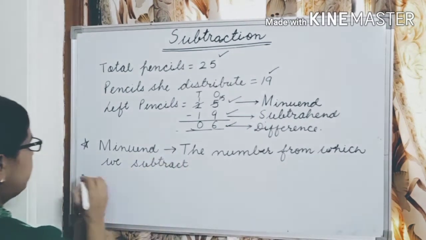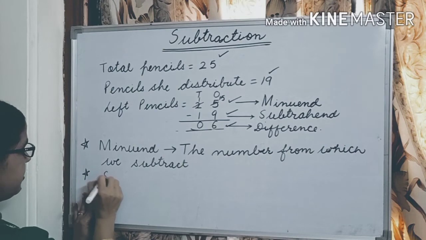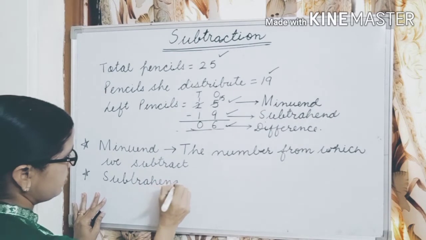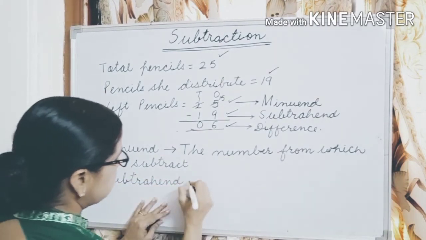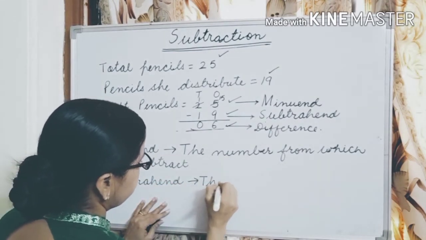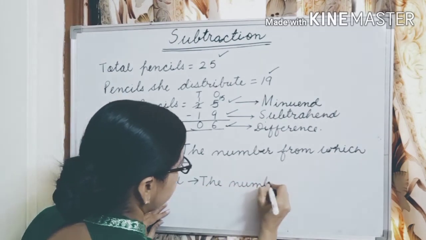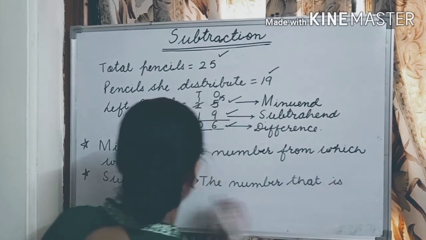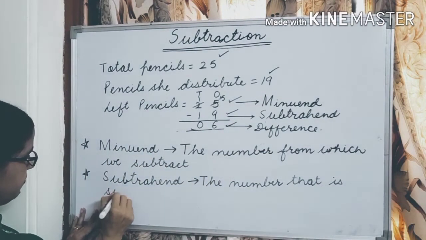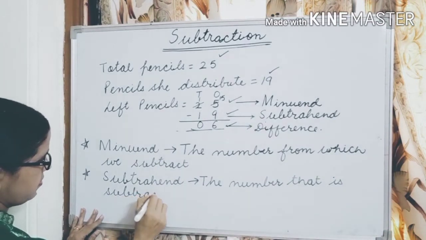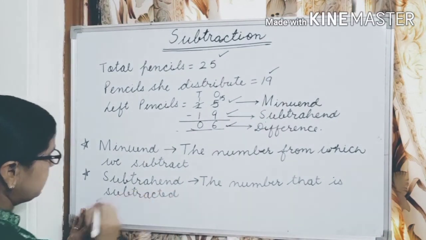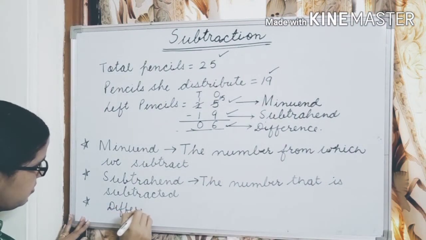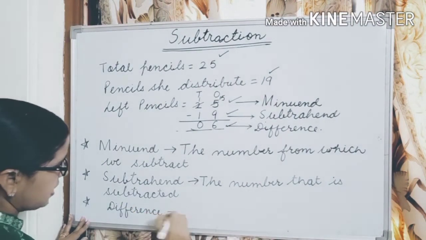And what is the subtrahend? The number that is subtracted. And the last is called the difference, the answer. The answer of subtraction.